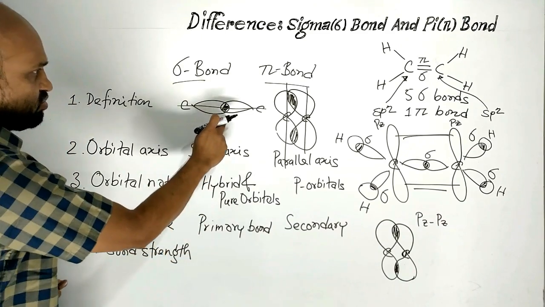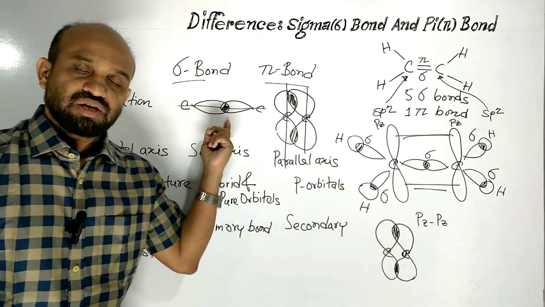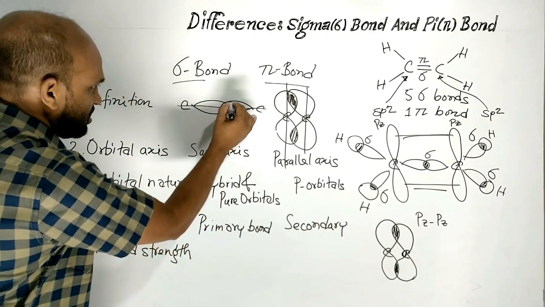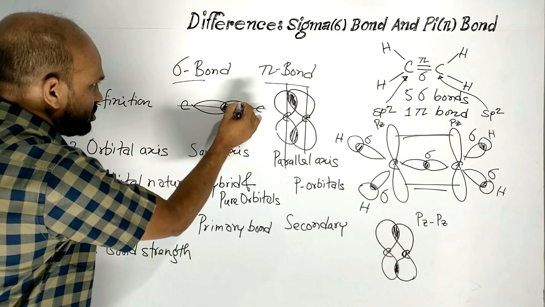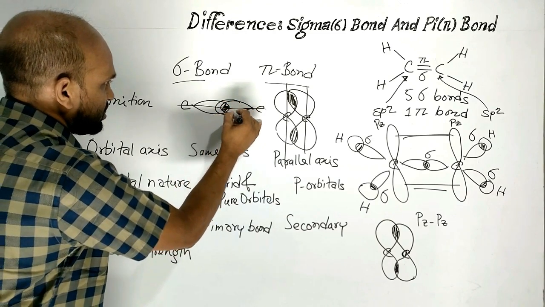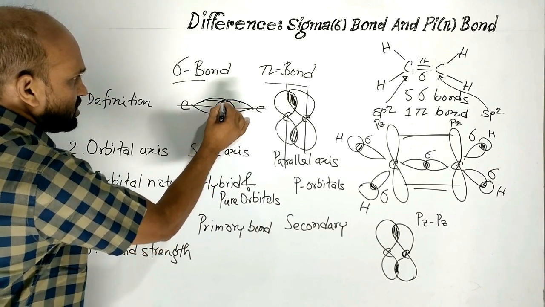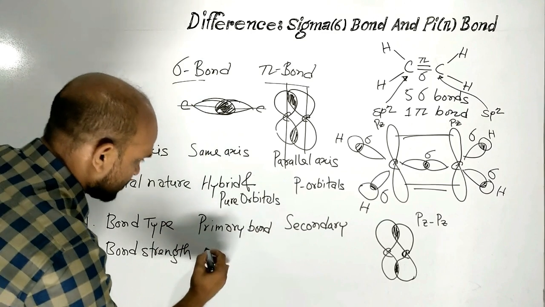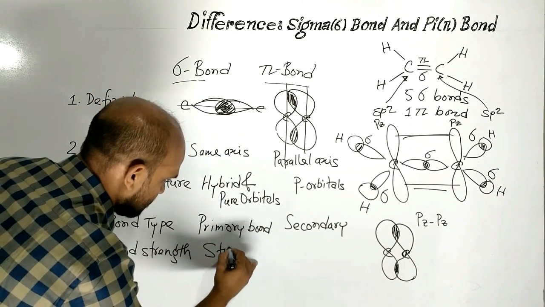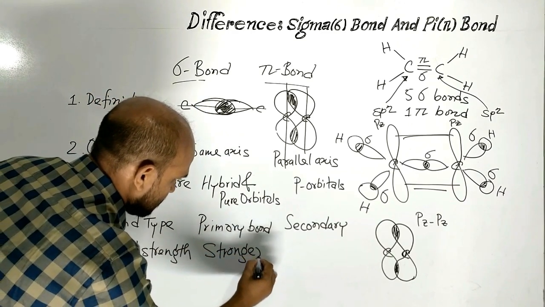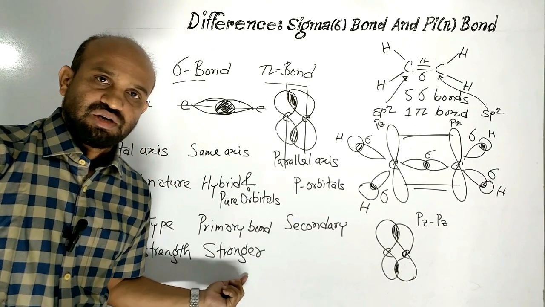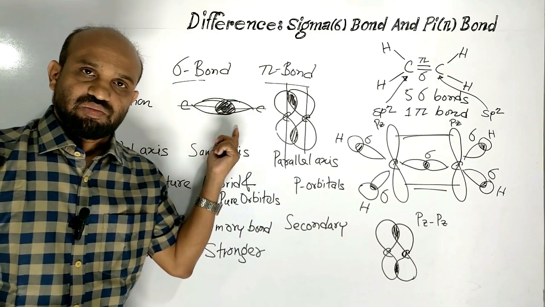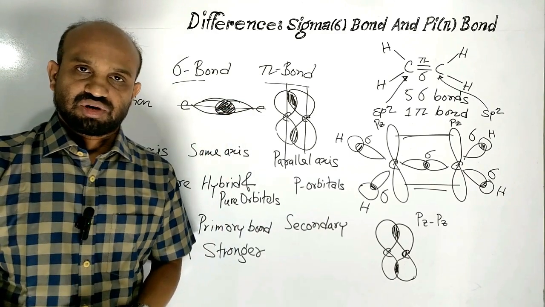Number 5, bond strength. Here, sigma bond is formed by a head-to-head overlap. As a result, the amount of overlap becomes maximum. That is why sigma bond becomes stronger.